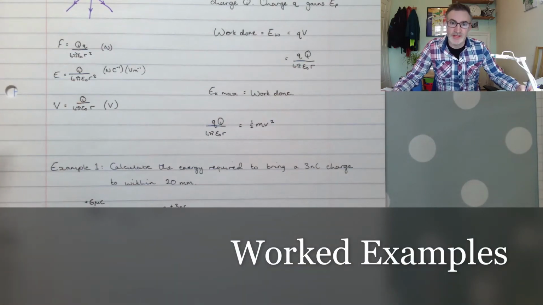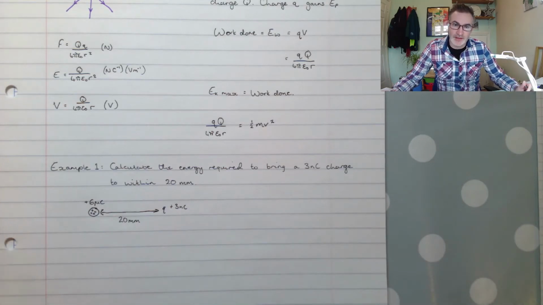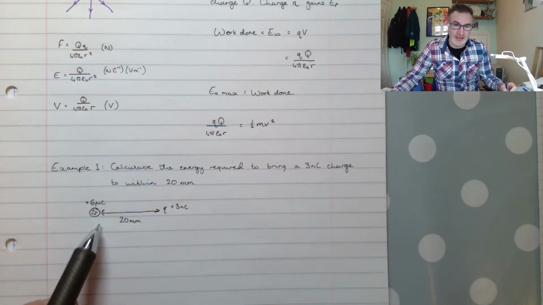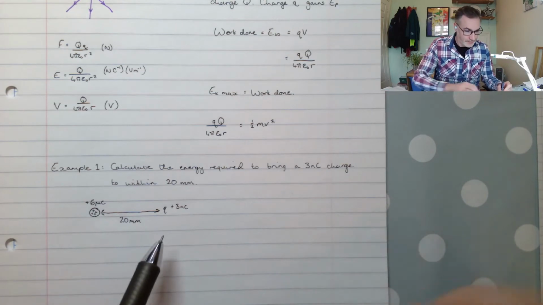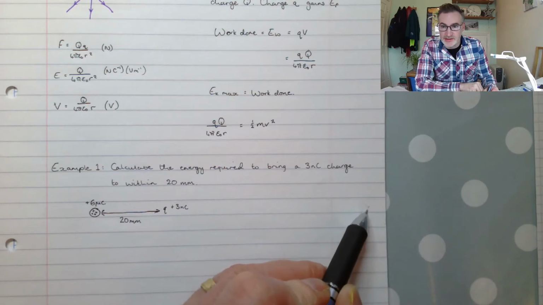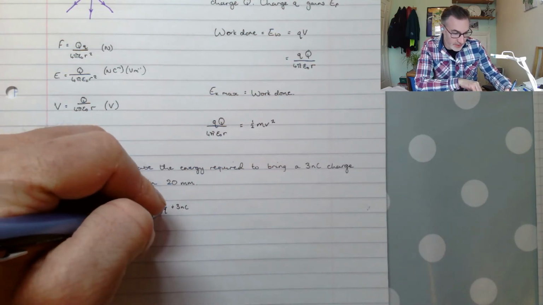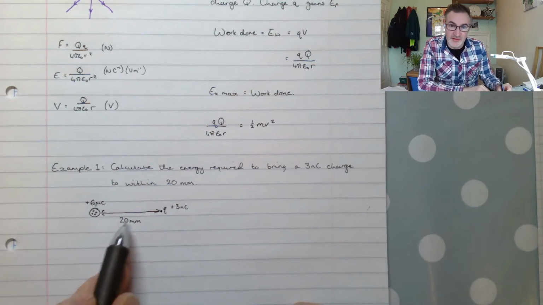So example 1, calculate the energy required to bring a 3 nanocoulomb charge to within 20 millimeters of a 6 microcoulomb charge. So we're bringing it from a very large distance or infinity, and we're bringing it all the way up to within 20 millimeters of this charge here.